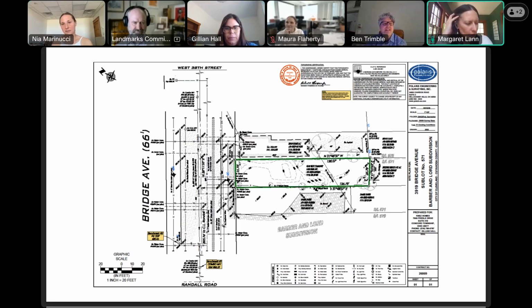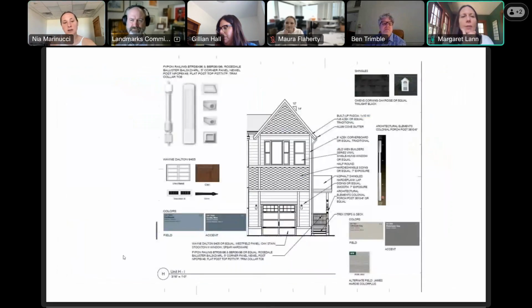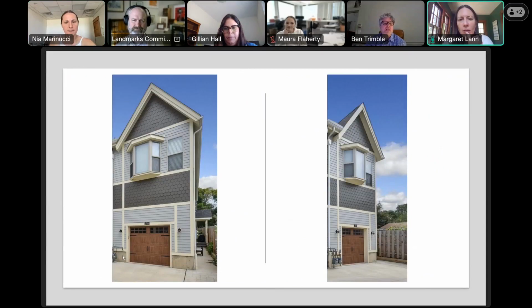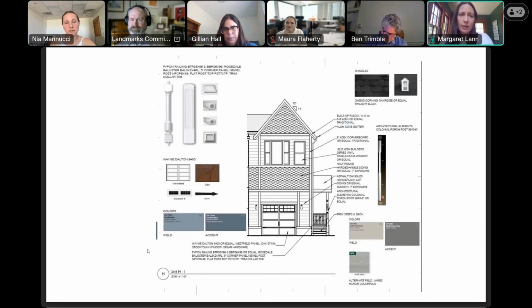Did you talk about the windows at all? I suggested more traditional window trim. For the materials, I think there's a vinyl that was spec'd, and we would not want a vinyl product. That's fair, but I didn't catch that.